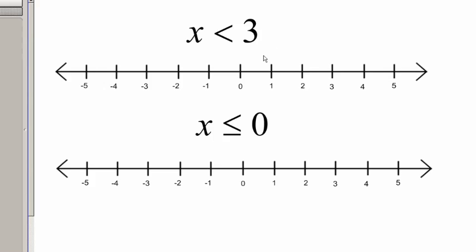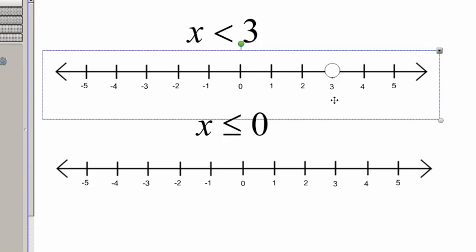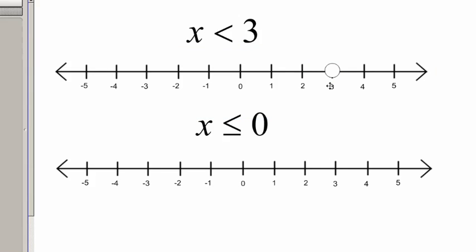So the way I represent this is I place a circle on 3. Now I've got to figure out which side of the inequality I am going to graph. All the values that are less than 3. Now 3 is the larger side of the inequality. You can see that this symbol opens up to 3.